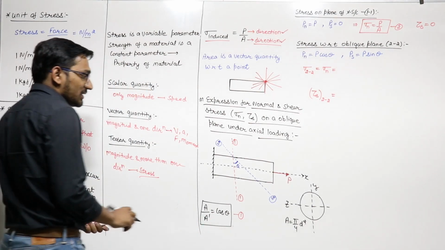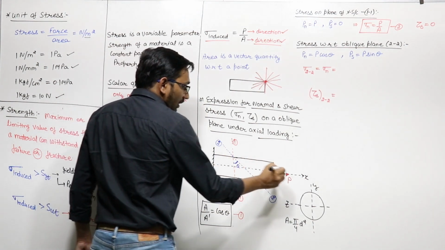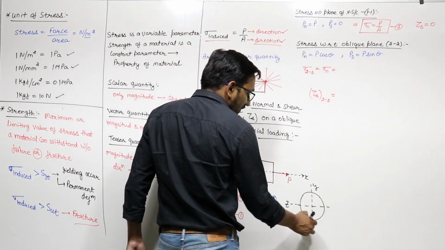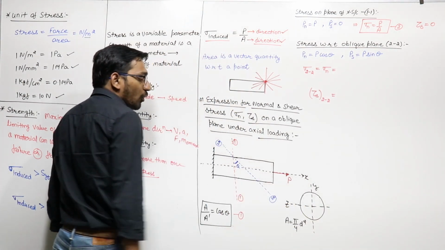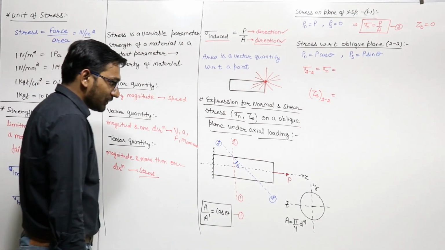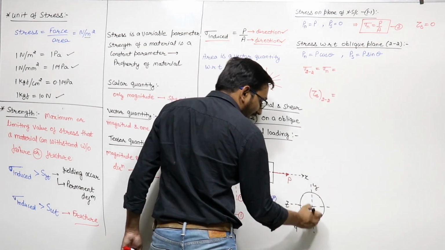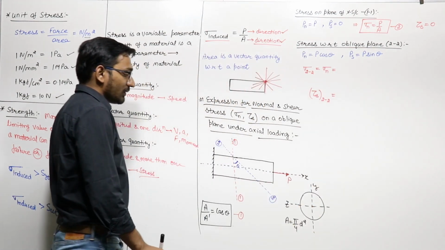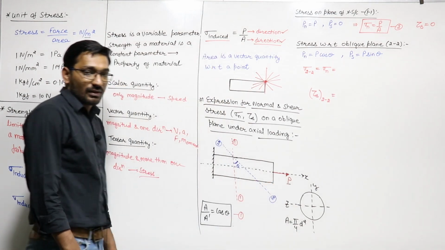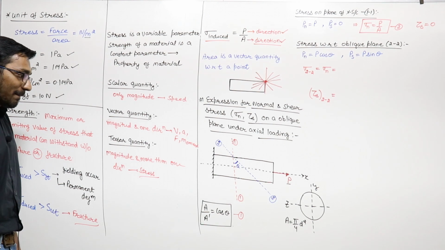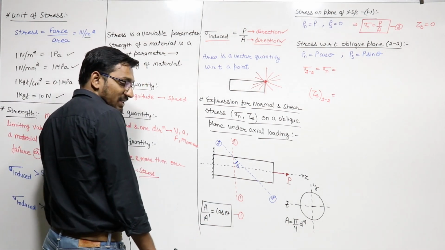Now let us consider this member, this body. The cross section of this member is a circle of diameter d, so the area of cross section is pi by 4 d square, right? This is the x axis, this is y and this is z. Along the x axis I apply an axial tensile load P. Section 1-1 is the cross section.